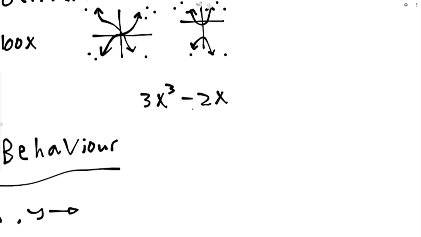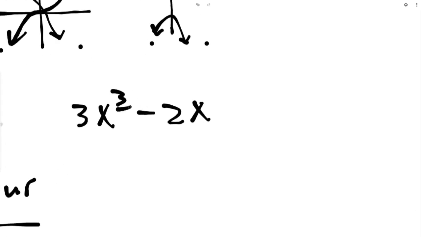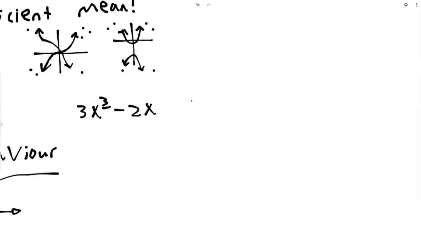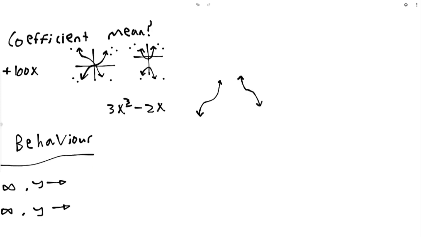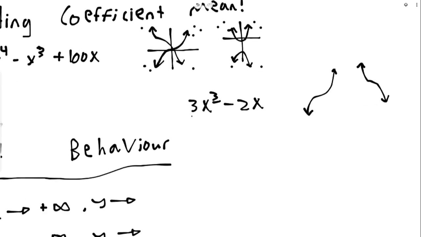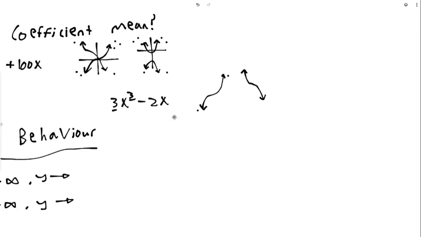Let's do a quick sketch of what an odd function is, because remember there's 3 there. An odd function is either going to look like this, or it's going to look like this. It depends on what the leading coefficient is. In this case it's positive, which means it starts negative, ends positive.